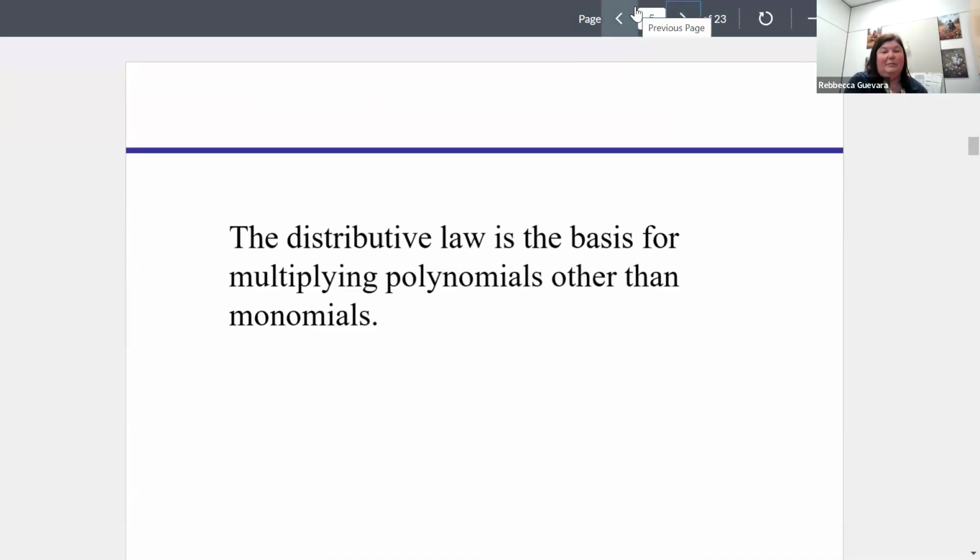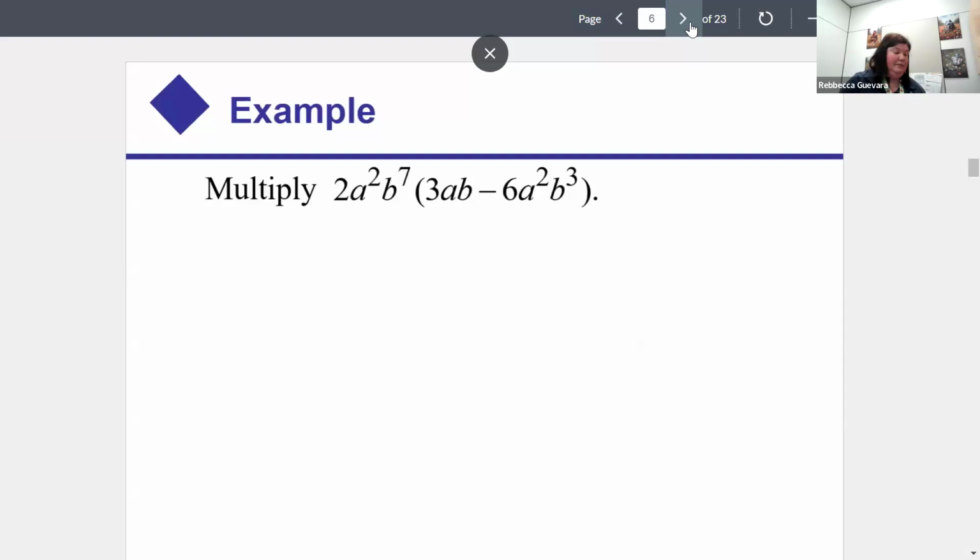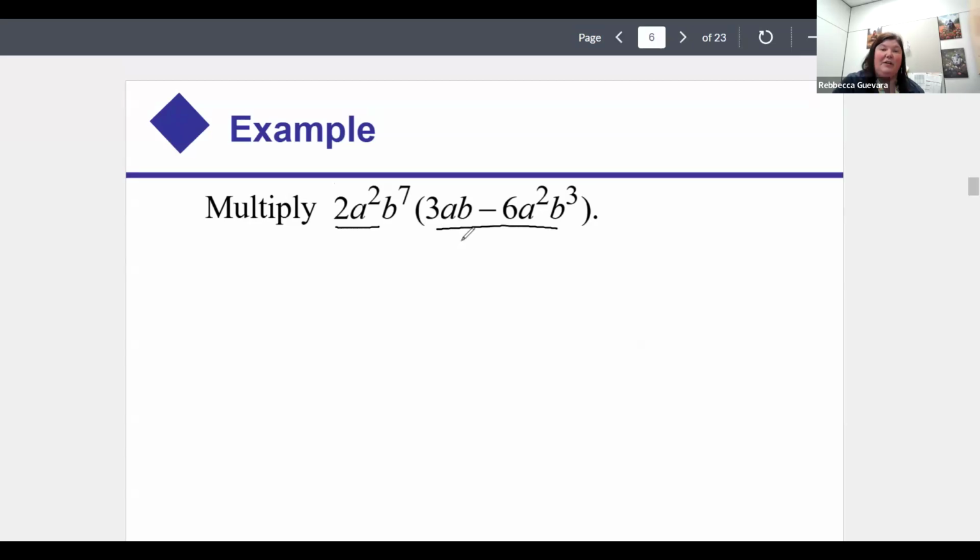The distributive law is the basis for multiplying polynomials other than monomials. So we have a monomial, and this is not a monomial. This has two terms. We call this a binomial.